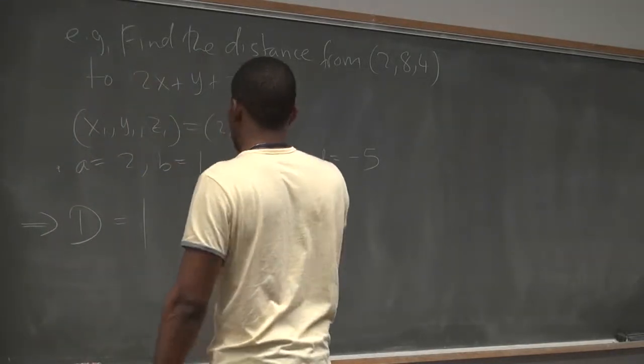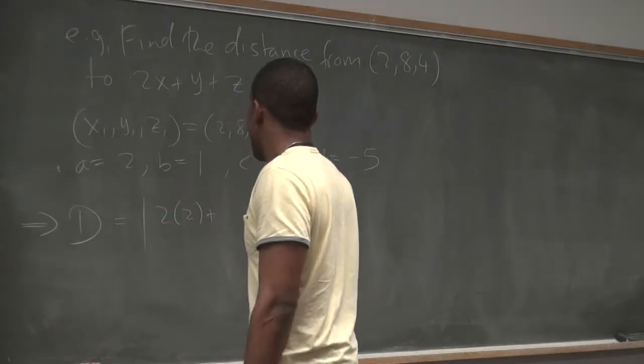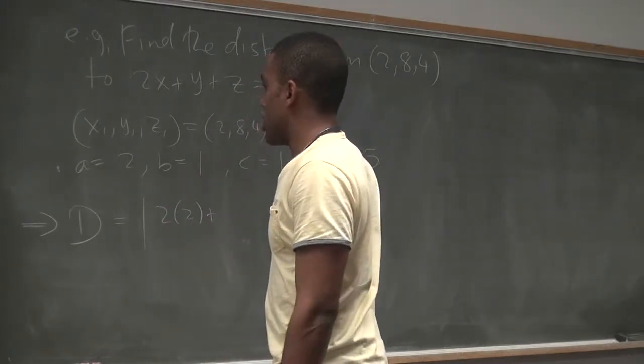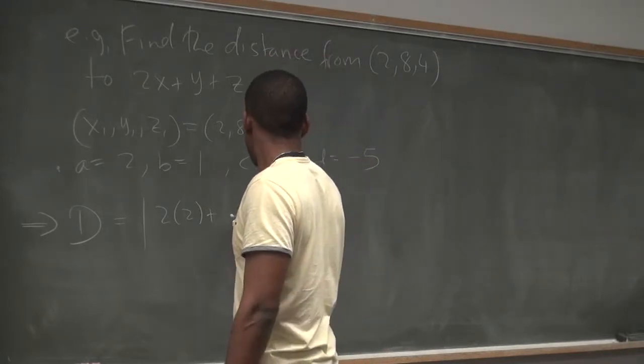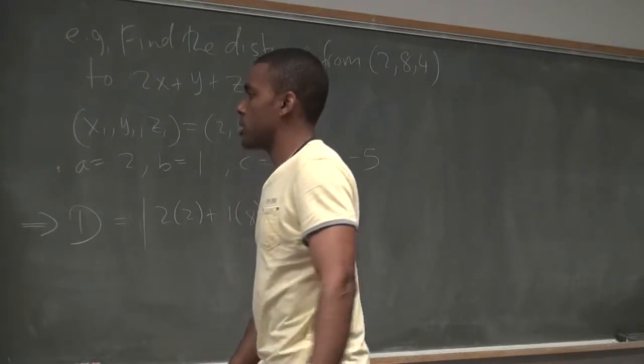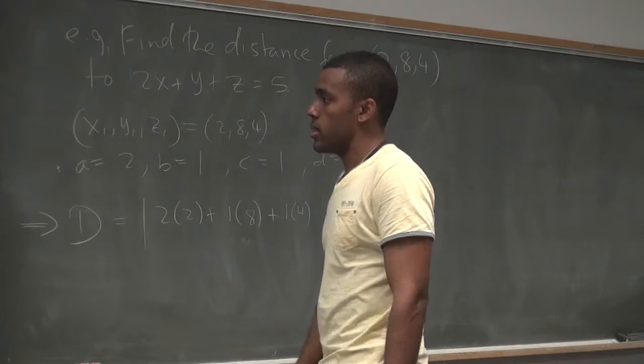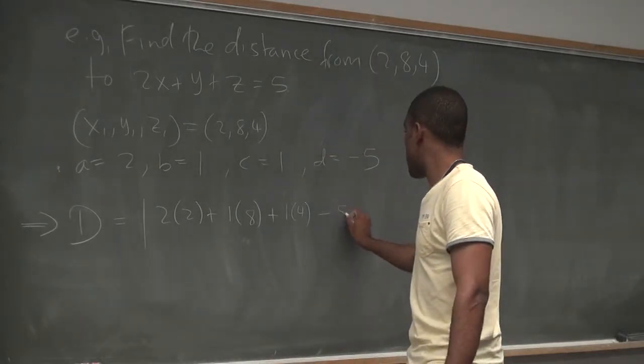It's A times x1, 2 times 2, plus B times y1, 1 times 8, plus C times z1, 1 times 4, plus D, which is -5.